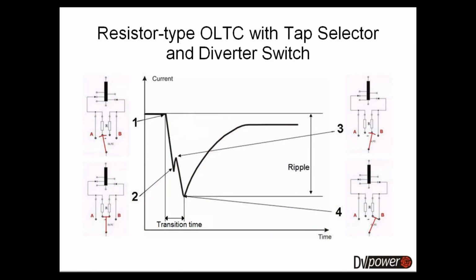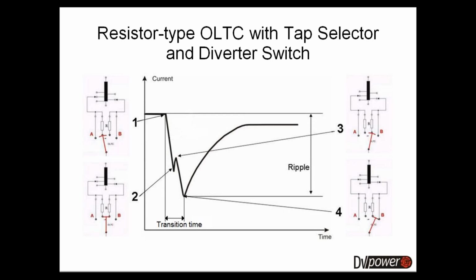Now, the graph, when you zoom in on it and when you analyze an individual transition from one position to another, can have different specific shapes. And this shape of the graph is different depending on the type of tap changer that you are testing.